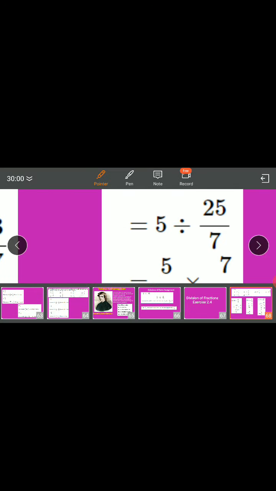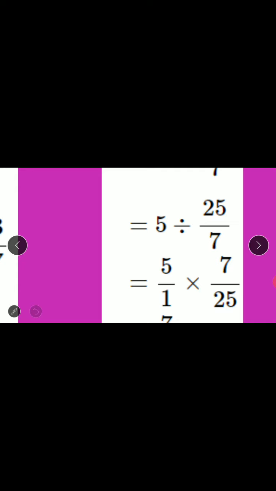So now let's check whether there is any numerator and denominator having a common factor. So here among these 5, 1, 7 and 25, we will take 5, the smallest number. 1 we won't be taking. So let's take 5 and it is in numerator. Check whether any number in the denominator is divisible by 5.